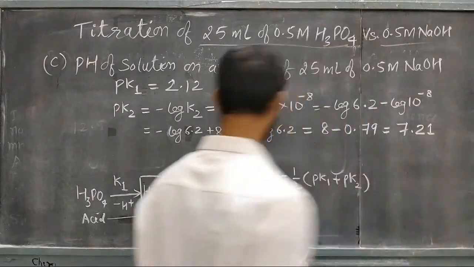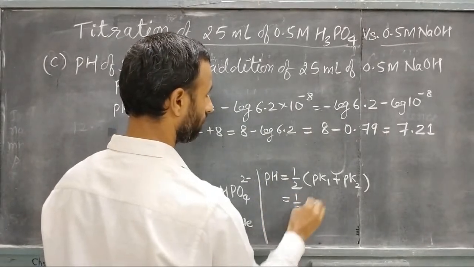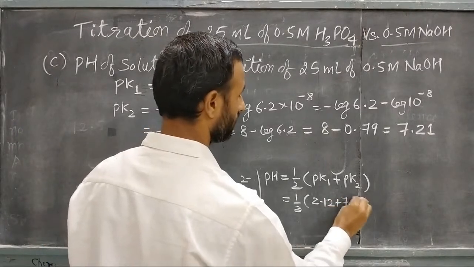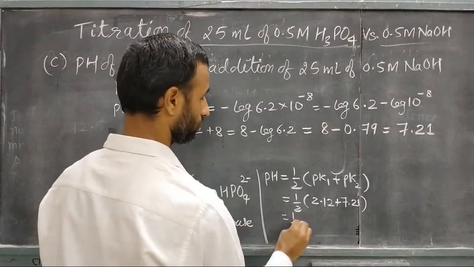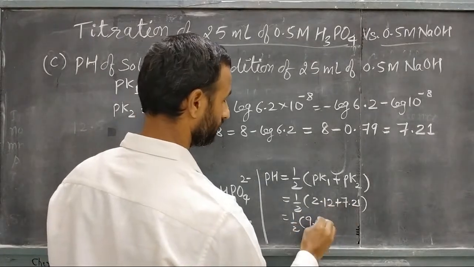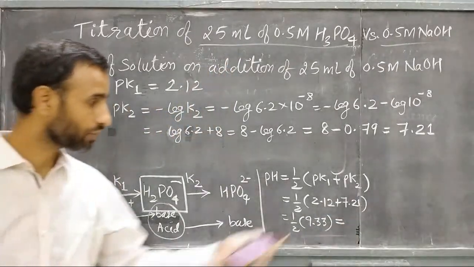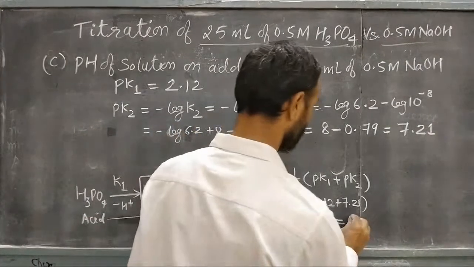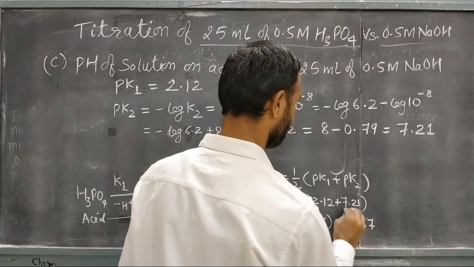Okay. So from this, pH equals half of 2.12 plus 7.21. Okay. So half of 9.33, that value comes out to be 4.67 around.